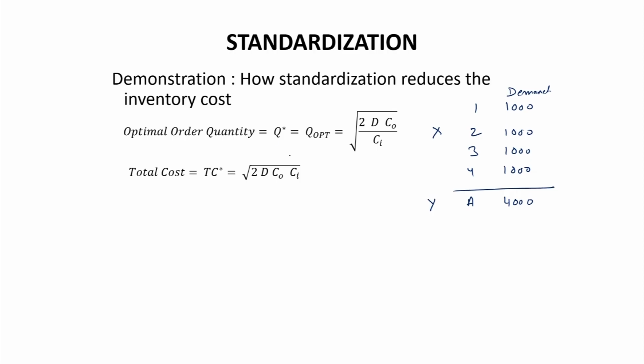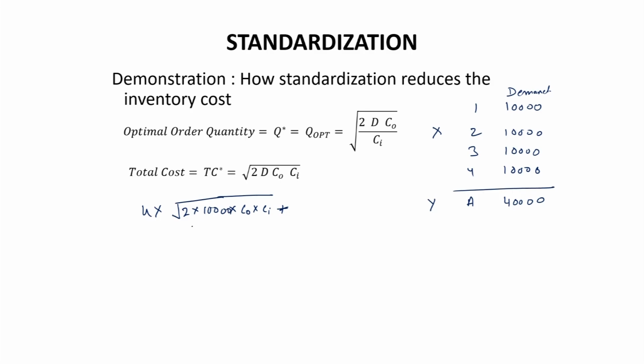In case X, our total cost will be given by this formula. This will be 2 into 1000, taking cost of ordering as the same and cost of carrying inventory as the same, under the root, this plus the same, repeated 4 times. Let us take this 1000 times 10,000 for convenience, and this is 40,000.